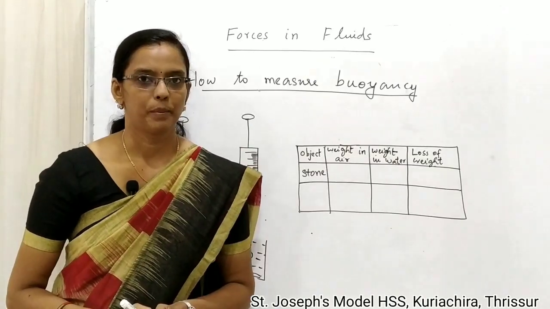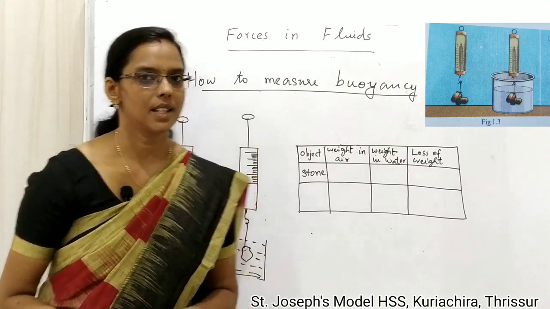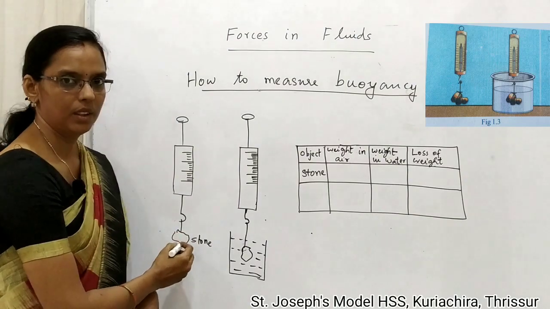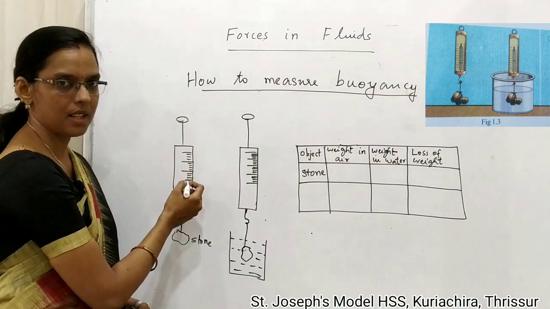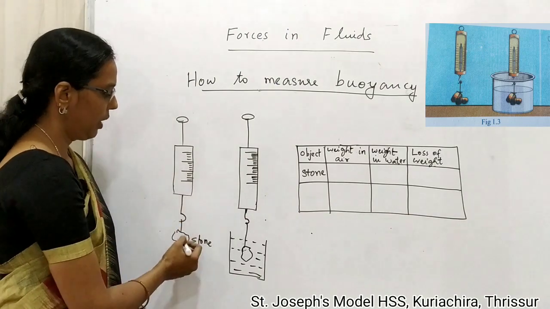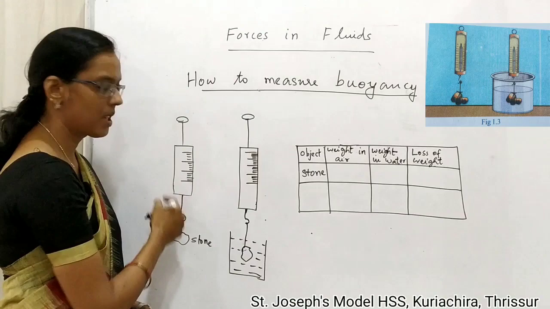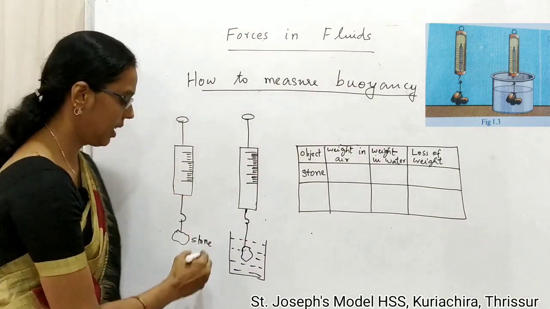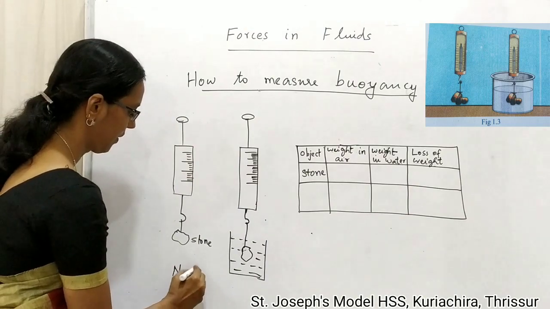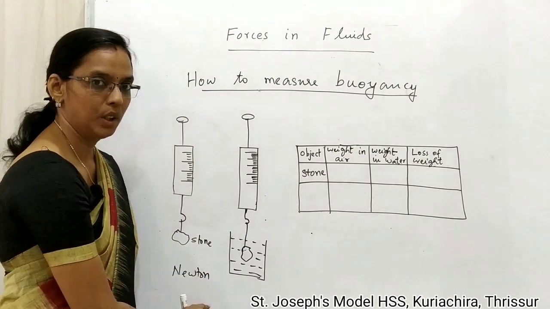Okay, our next topic is how to measure buoyancy. For that, consider a stone whose weight is to be measured using a spring balance. If the spring balance is calibrated in Newton, then you will get the measurement in Newton also.